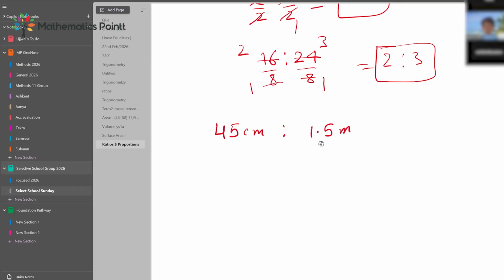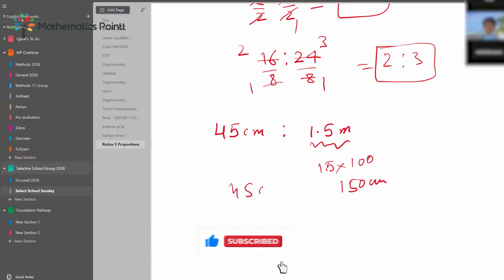How did we do it? If I were to do it, I will simply convert meters into centimeters. Easier for me to deal with. So I'll simply say 1.5 times 100 makes it 150 centimeters. And then the job is simply to find the ratio, converting this into the simplest form.